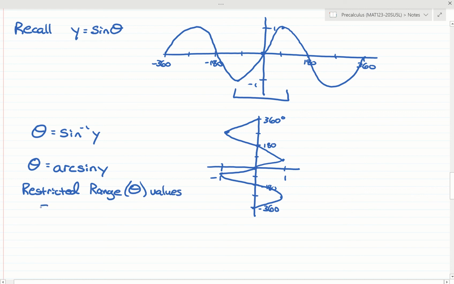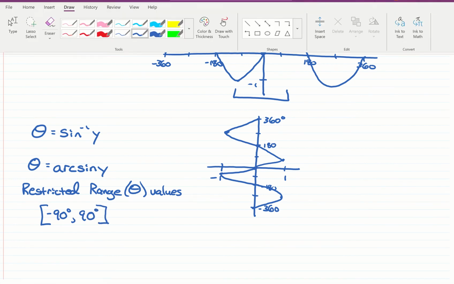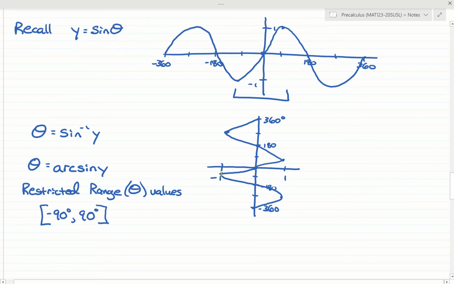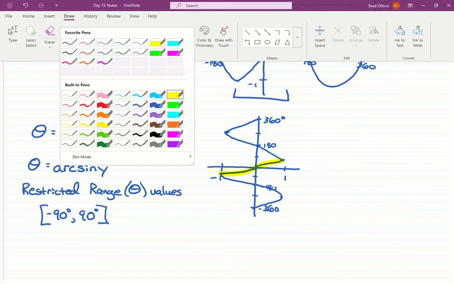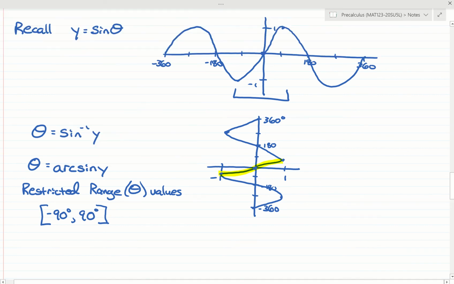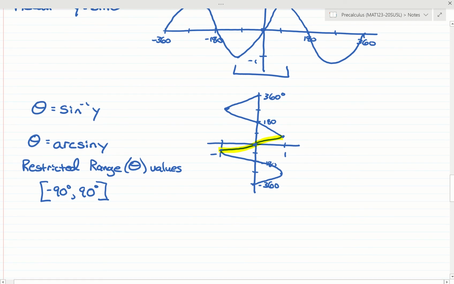And we are going to restrict the theta values from negative 90 degrees to positive 90 degrees. If we do that, look what the graph would look like. From negative 90 to positive 90 looks like that. And that curve right there is a function. So the difference between the inverse sine and arc sine is that the inverse sine, there is no restriction.